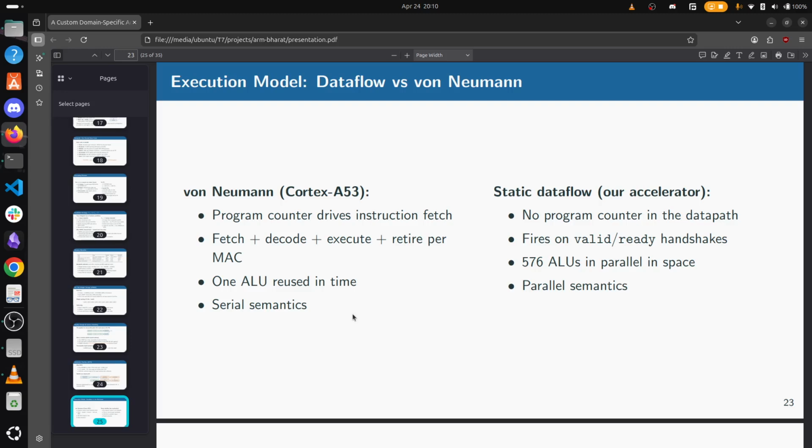Whereas in our data flow, there is no instruction fetching and decoding. It is all just data that is flowing continuously through the pipeline. So like I described the pipeline before, the data is just continuously flowing on the pipeline. We only have two signals, which are valid and ready, which indicate whether the FPGA or the accelerator is ready for more data or not. As soon as the FPGA is ready for more data, data just starts flowing in, and so it's like assembling a car.